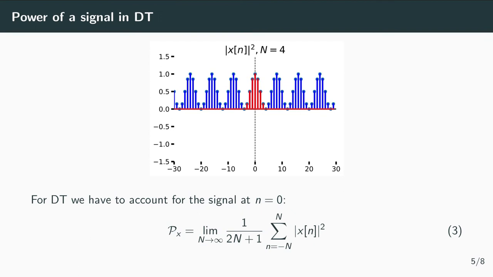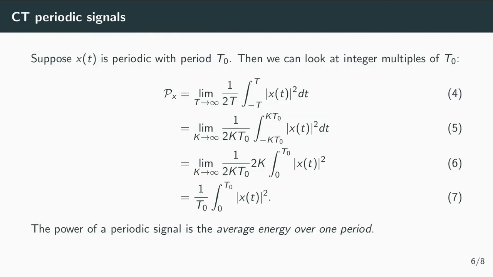So first off, if we take N equals 4, we're adding up from negative 4 to 4, so we're going to divide by 9. But then we might look at negative 8 to 8 and divide by 8 plus 8 is 16 plus 1 is 17. So that's 2N plus 1 is 17, and so on and so forth. We can keep expanding out. So this suggests that for periodic signals, we should be able to come up with a simpler formula.